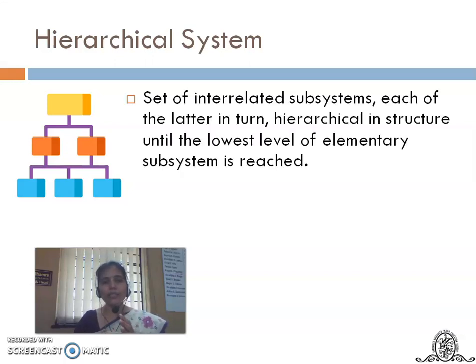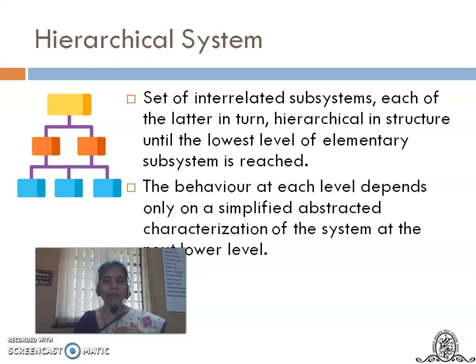All these subsystems are interrelated and communicate with each other, and this hierarchy is broken down to such a level where we obtain the most elementary subsystem at the bottom level, where the most basic operation is being done.